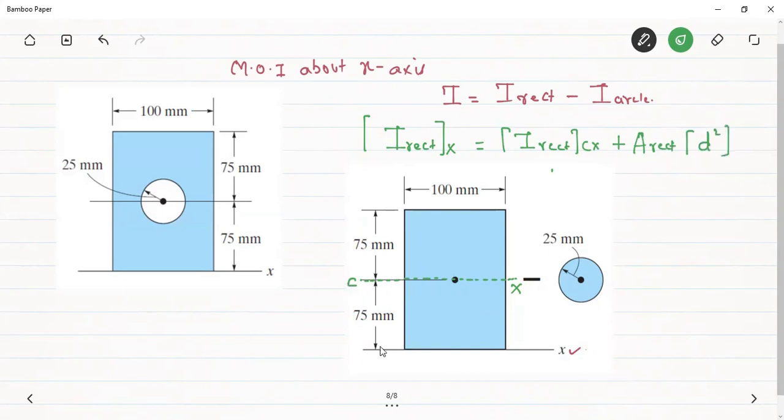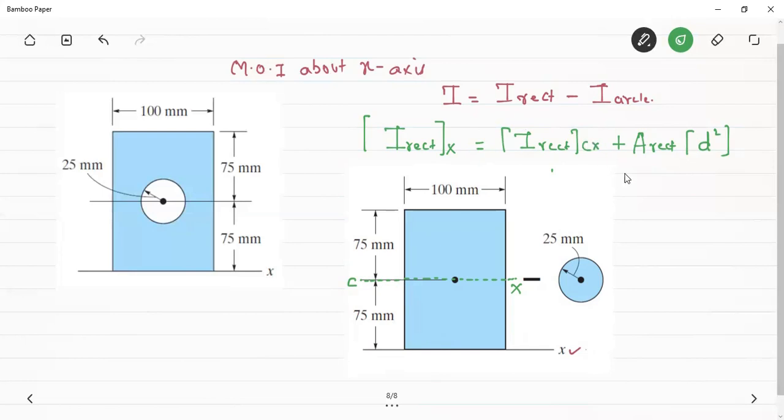Okay, this is the centroidal x-axis, and this is the axis about which we have to find the moment of inertia, and it is given here this distance will be equal to 75 mm. It is obvious that this is 150, its centroid will lie at 75 mm. The distance between these two axes will be equal to 75 mm.